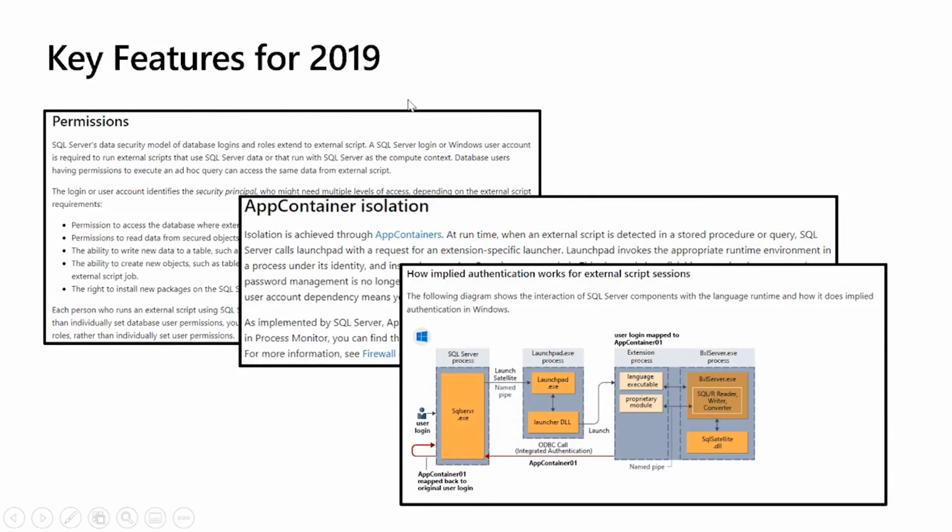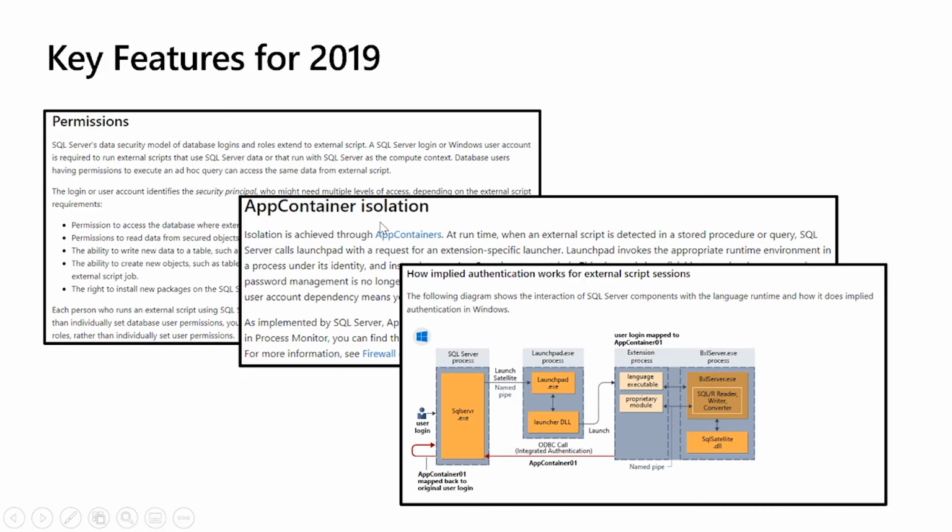So for the key features for 2019, we really focused again on security, a lot of items around permissions, leveraging SQL Server's own data security model for your logins and your roles that would then extend to that external language that you are using.